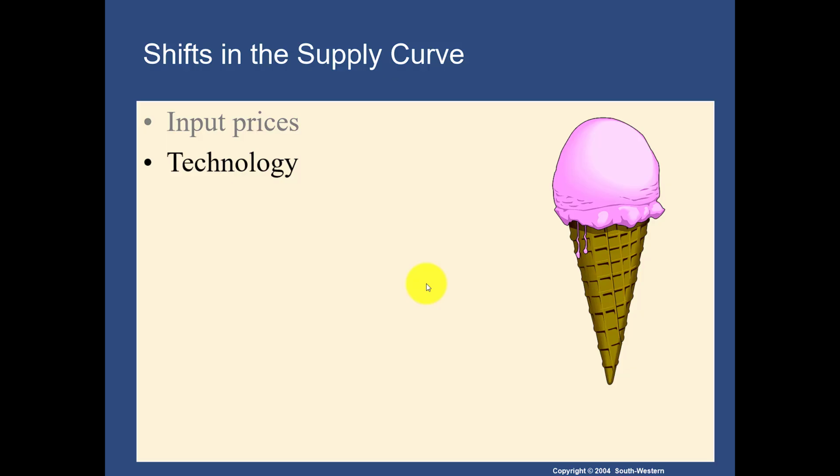So improvements in technology cause supply to increase. Same way, if you're using obsolete technology, then the supply would go down. You won't be able to maintain the level you had before because your technology is now obsolete, and so your supply goes down. So that's technology.